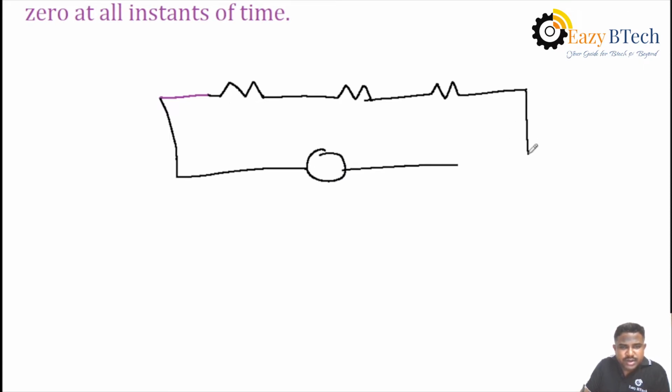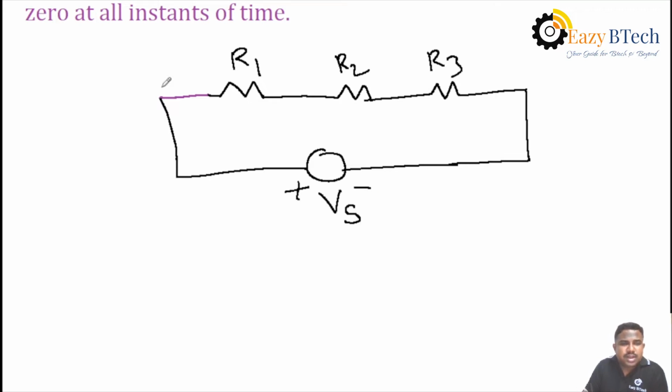We consider this is the R1 element, the second is the R2 element and the third is the R3 element. Then consider we have taken the voltage source as Vs, the supply source. Then the passing current we take as I.